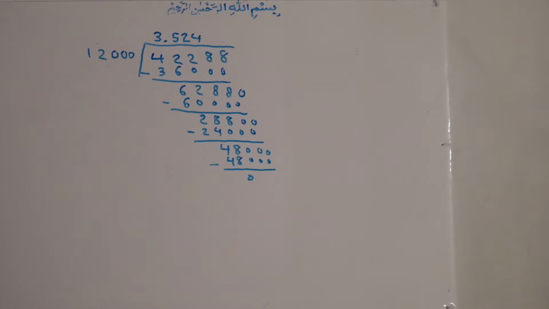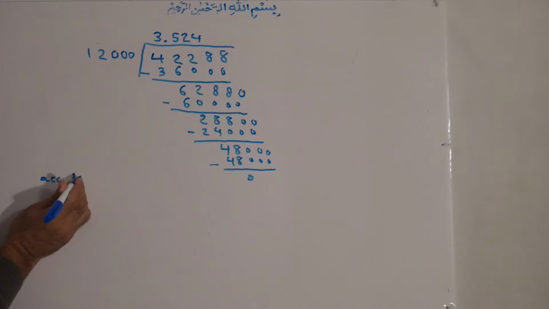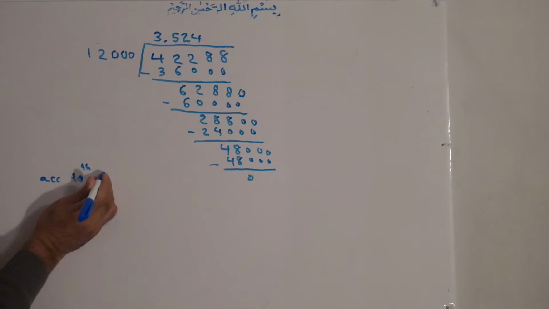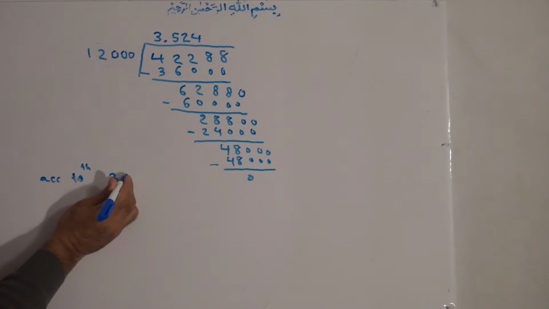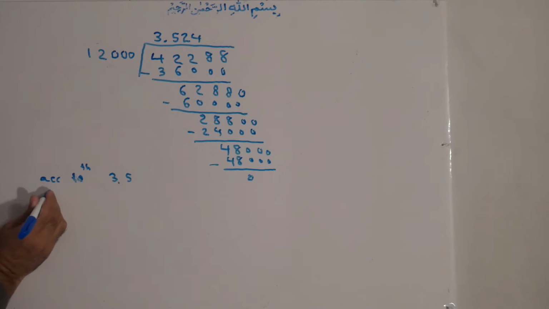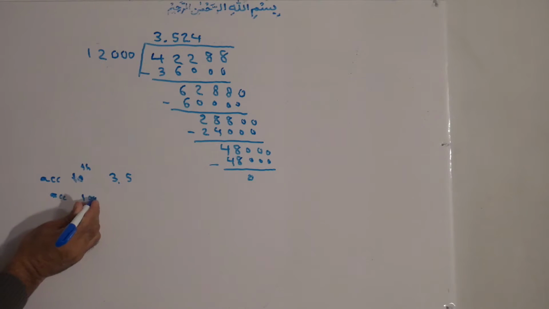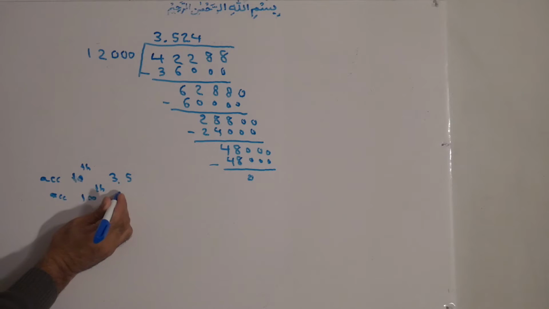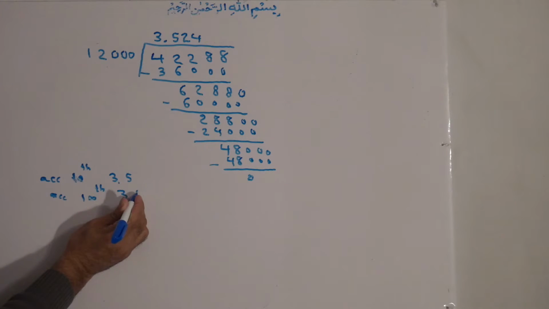Now the answer is 3.524. If we want the accuracy of tenths, we write 3.5. If the accuracy is 100, then we write 3.52.